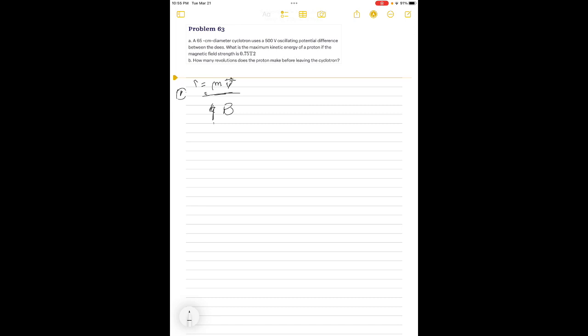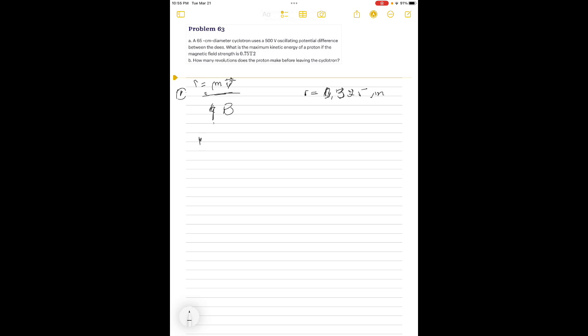So for the radius, we have the diameter, that's 65 centimeter, and the radius is going to be equal to 0.325 meter.